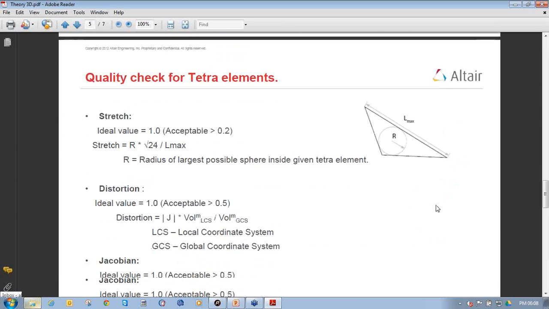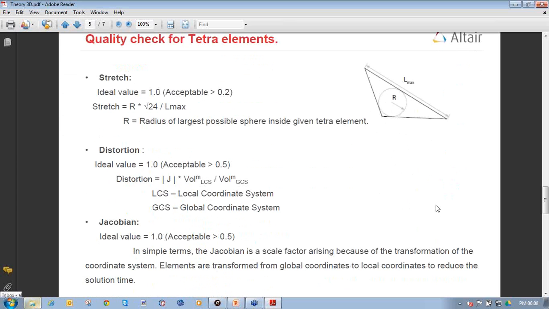Then for tetra element we also check for stretch, that is its ideal value is 1 and acceptable should be greater than 0.2. The software calculates the value of stretch as r, that is radius of the largest possible sphere inside the given tetra element, multiplied by root of 24 divided by the maximum length of that tetra element.